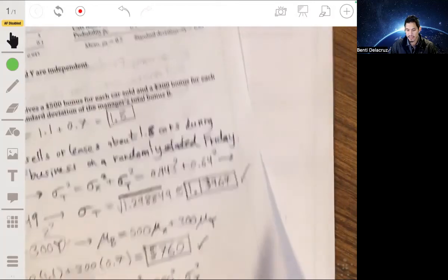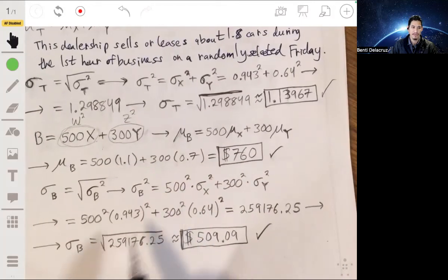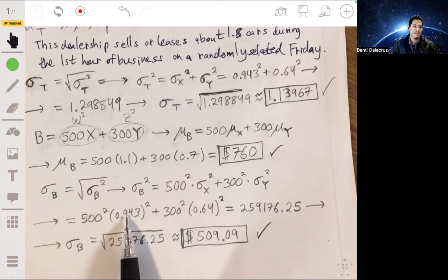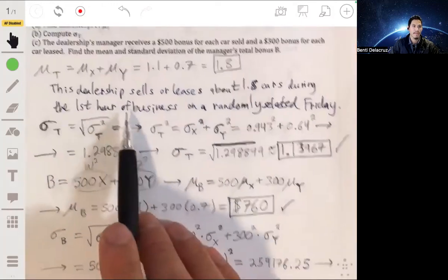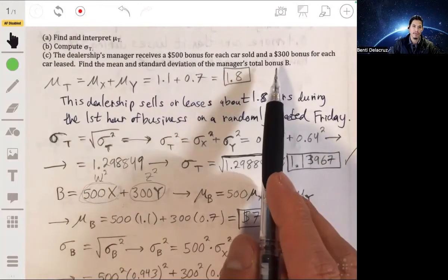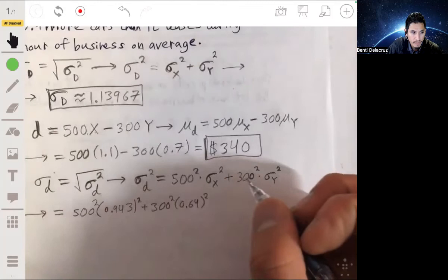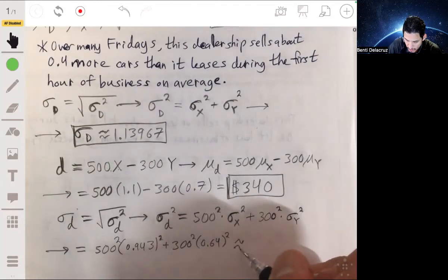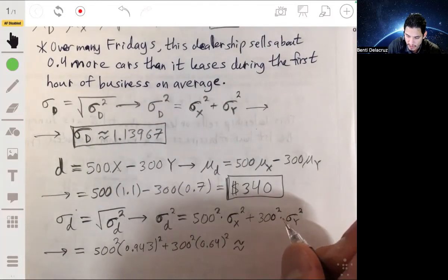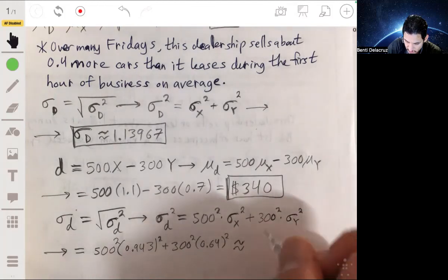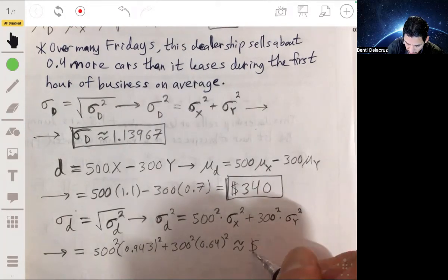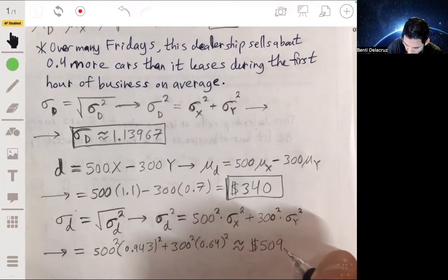These are the exact same values as we got for the previous part, where we found the standard deviation of the manager's total bonus. So we're going to end up getting that the standard deviation of the difference in the manager's bonuses for cars sold and cars leased is $509.09 again.